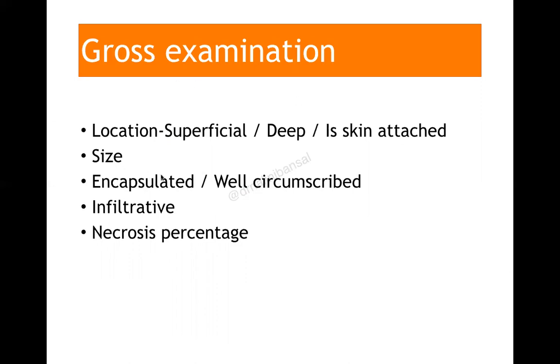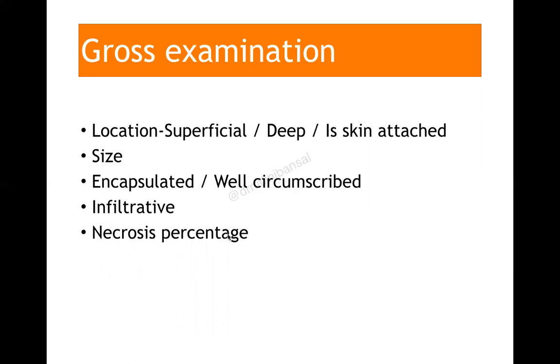Whereas in the head and neck, a size over 2 centimeters is also considered important. Then the next thing is whether the lesion is encapsulated or just well circumscribed and non-encapsulated, whether the lesion has an infiltrative margin, and finally what percentage of necrosis is seen in the tissue.